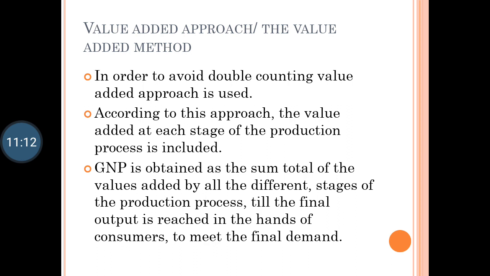GNP is obtained as the sum total of the values added by all the different stages of the production process till the final output reaches the hands of consumers to meet the final demand. That means we add the value of the goods through the production process till we get the final product, till the final product is ready. GNP stands for gross national product. I have already explained that in detail in the part 3 video.